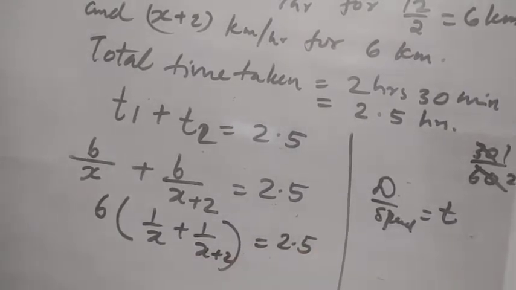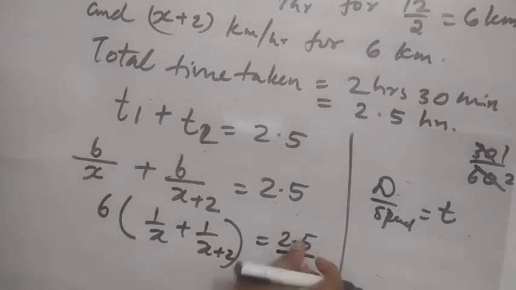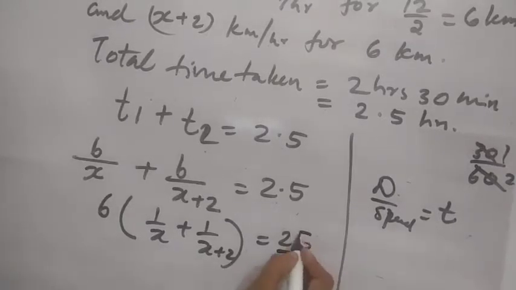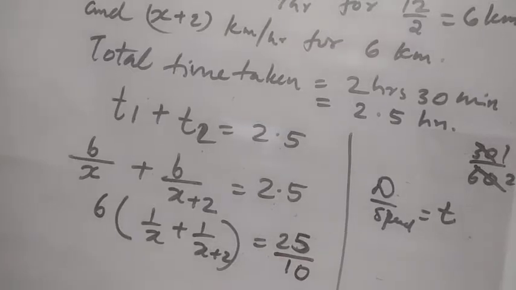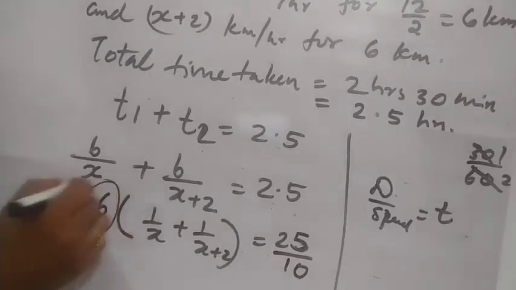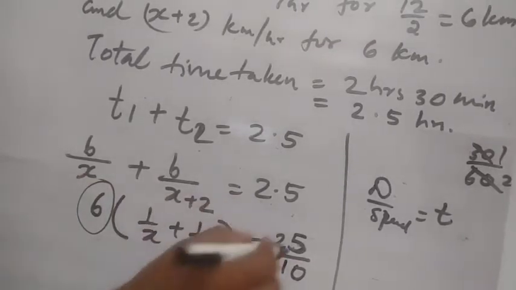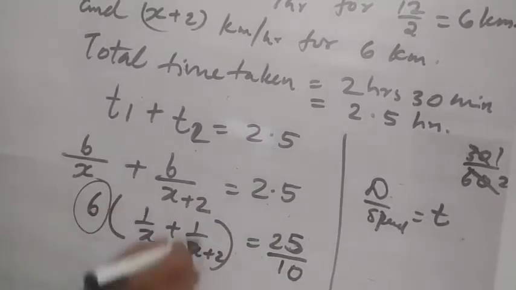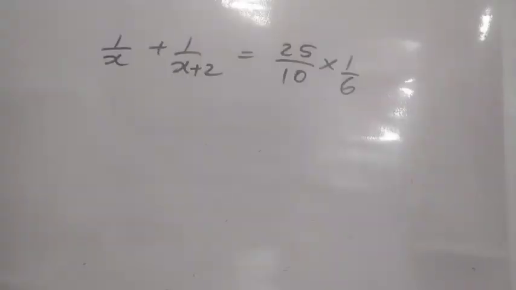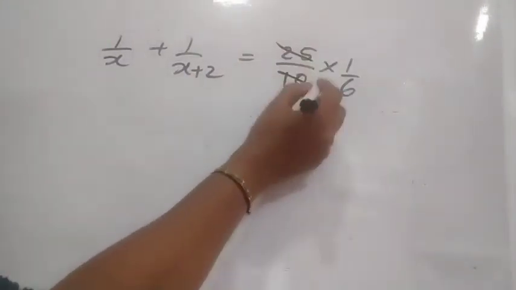For easy calculation we can convert it into a fraction. 2.5 can be written as 25 by 10. And we can write the 6 to the right side as divided by 6 and take the LCM here, cross multiply to simplify. Let us do that. Here you can simplify this.